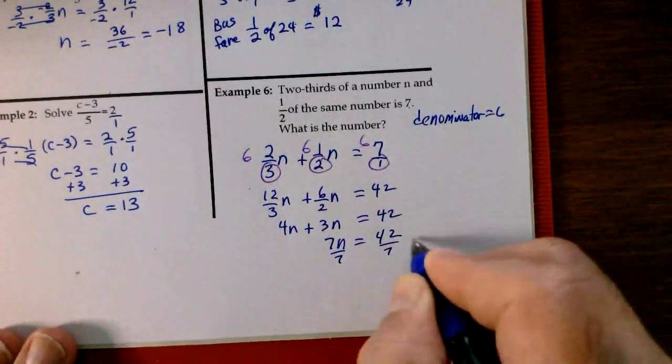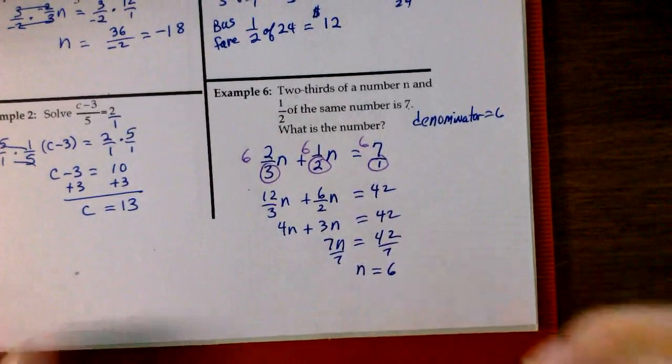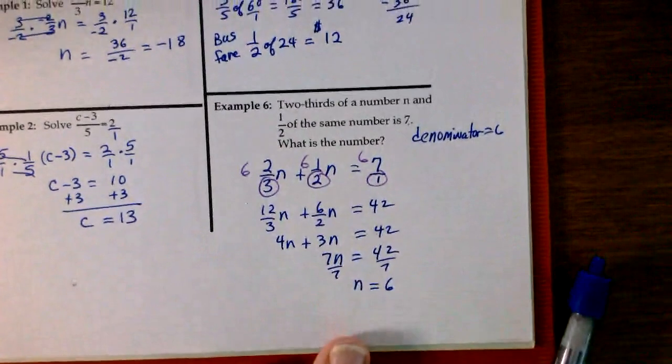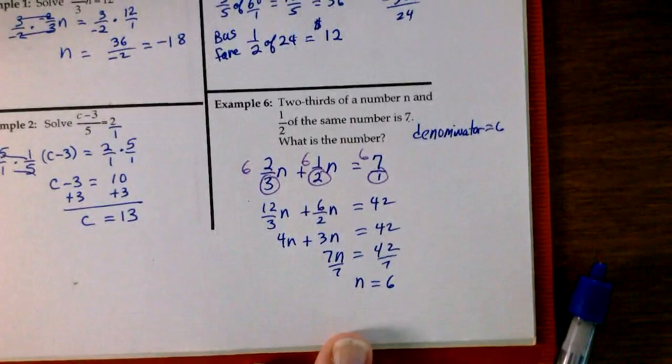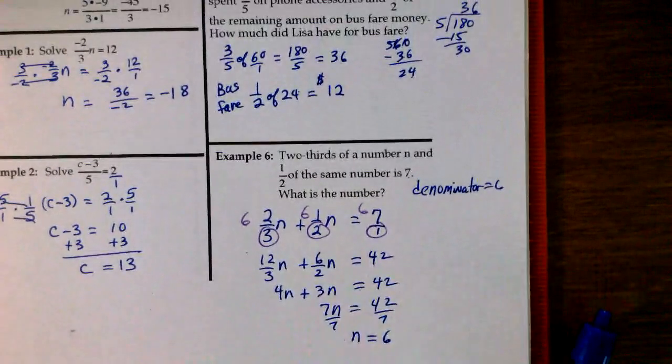Divide by 7, and you get an answer of 6. So this involved reading the problem and translating, and then using our multipliers to get a denominator and clear out the fractions.